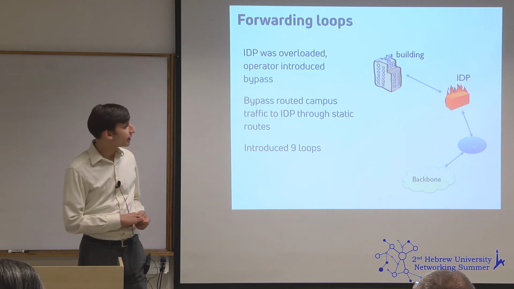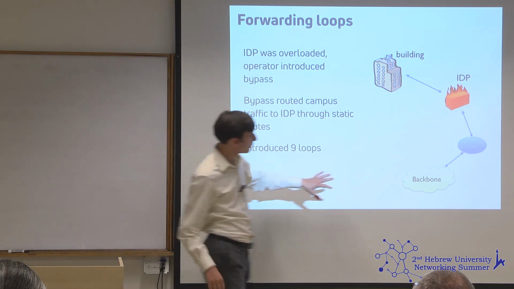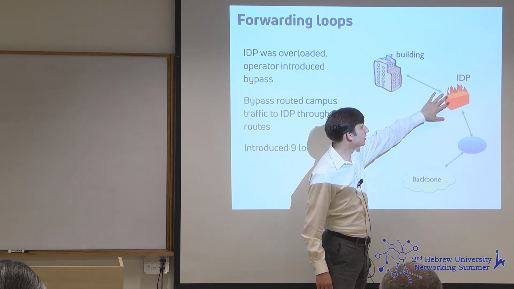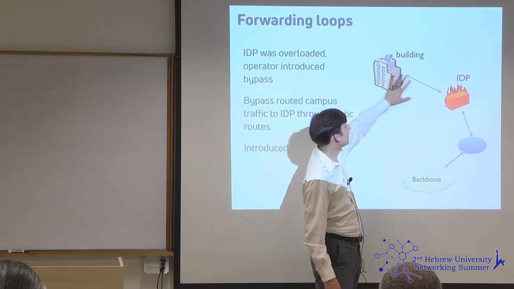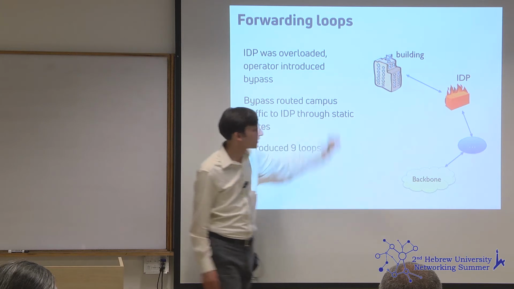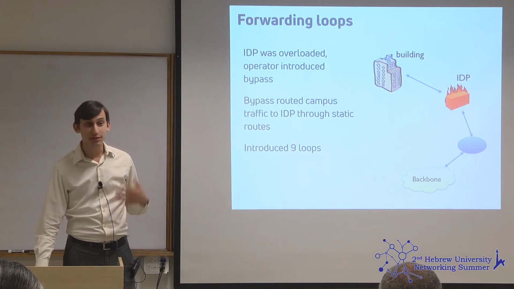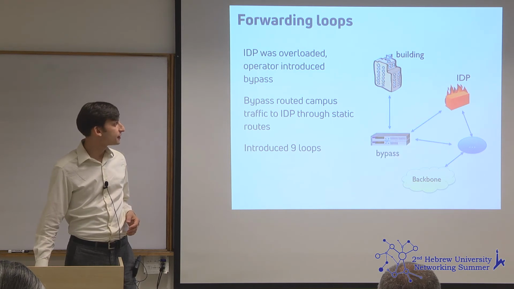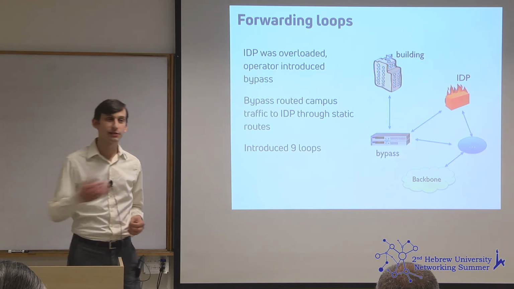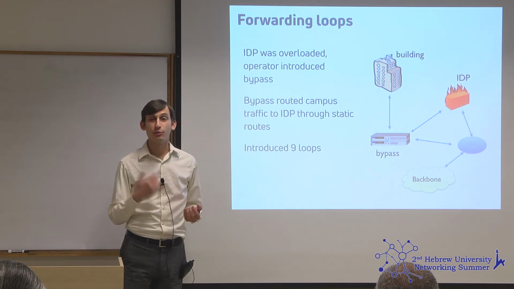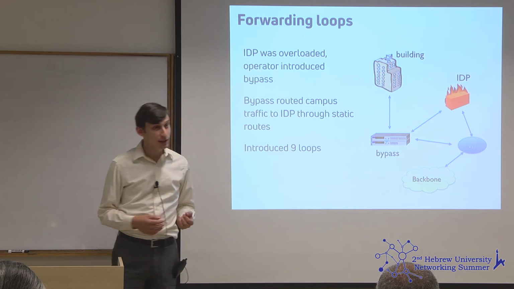The architecture of the network was the backbone, a bunch of other devices I'm hiding, then an intrusion detection device, and then a building. When that IDP started getting overloaded, the operators decided to set up a bypass, so certain traffic could be whitelisted so that you wouldn't have to overload the IDP.